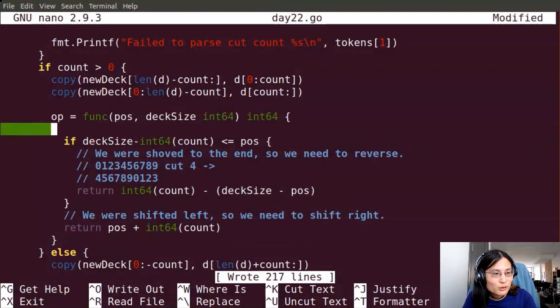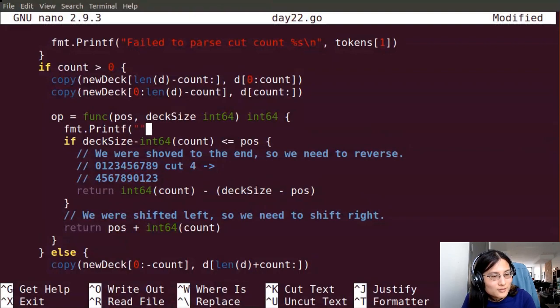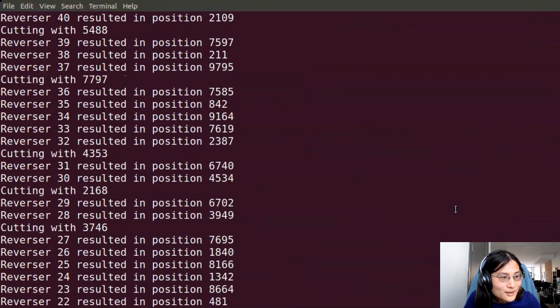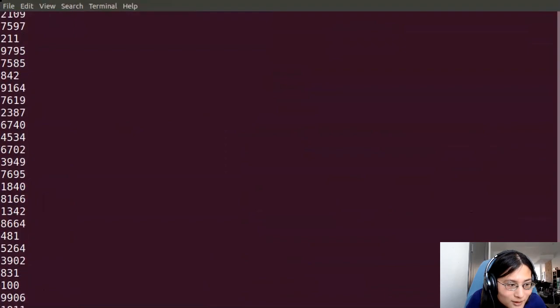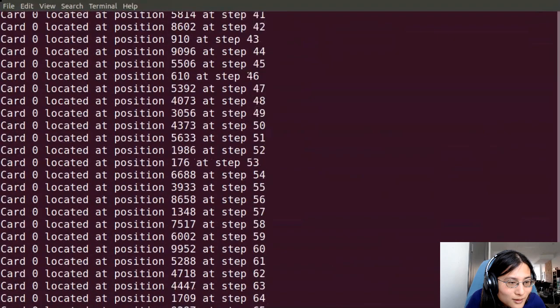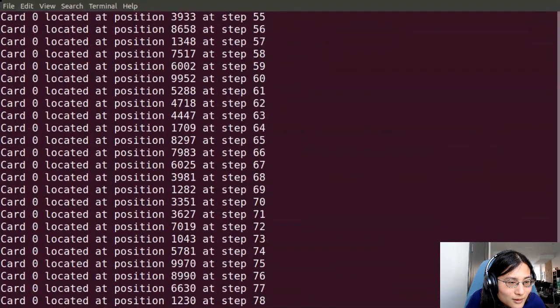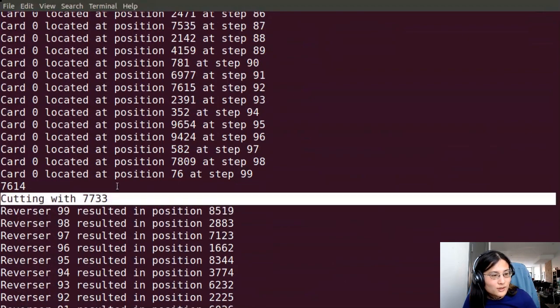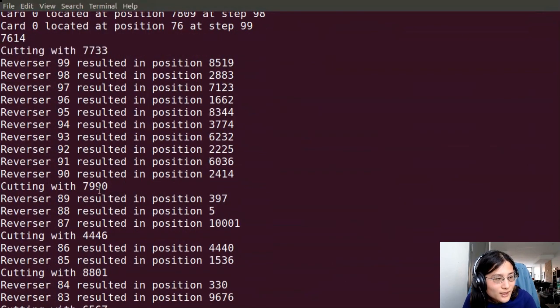I'm pretty sure what will happen here is what will happen if I do this. Let's see. Okay, here we are. It's cutting with 77.33 and then 79.90.